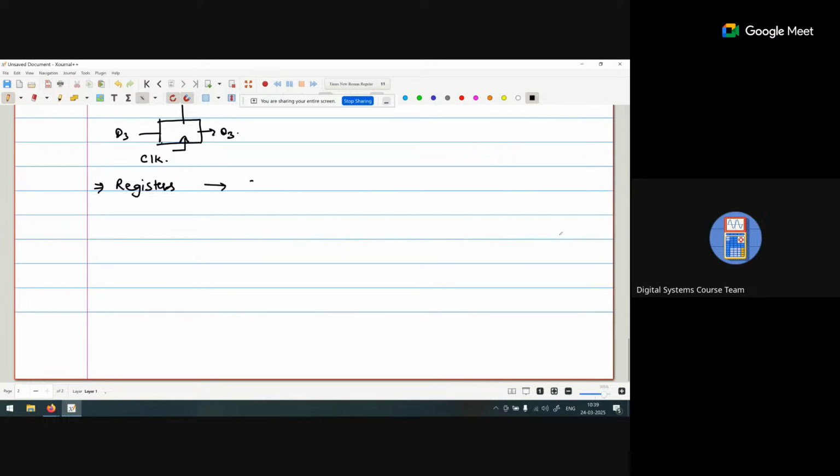Either the data will be serial in and serial out, that is called SISO. Second is serial in, parallel out, called SIPO.